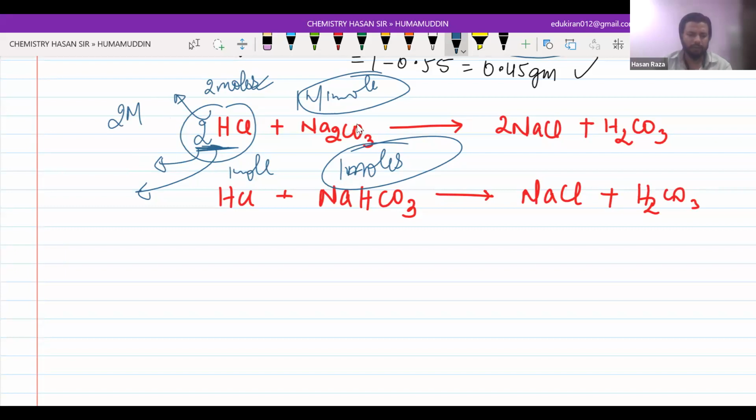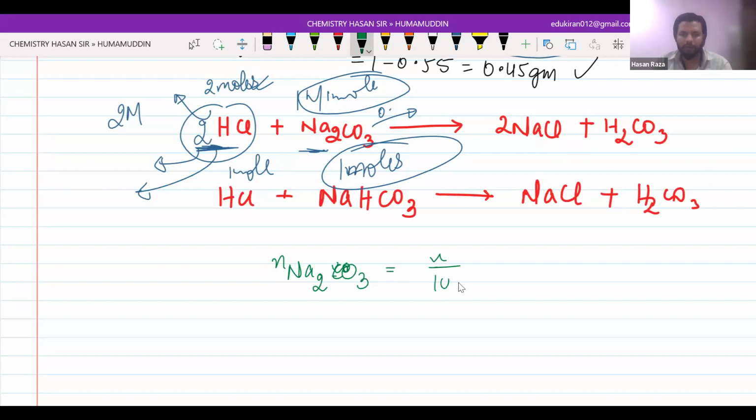Now what you need to do, it's very simple. Whatever is the number of moles of Na2CO3. What was the number of moles of Na2CO3? Just wait a minute. Number of moles of Na2CO3 is given mass X upon 106.